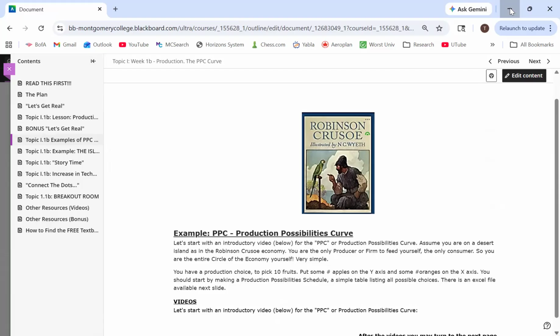So this is going to be 0 across for oranges, and it's going to be 10 up for apples. So that would be this point here. Because again, you're only working 10 hours. I'm giving you some assumptions. And if you have 10 apples, you have to have 0 oranges because you can only work 10 hours, and each hour you're going to have one bunch of this fruit or the other fruit. Okay, so this is your supply schedule.